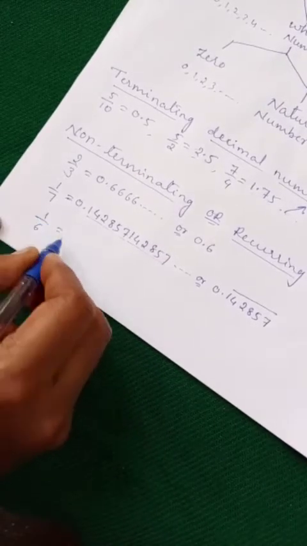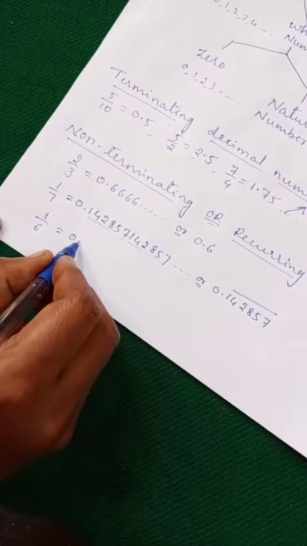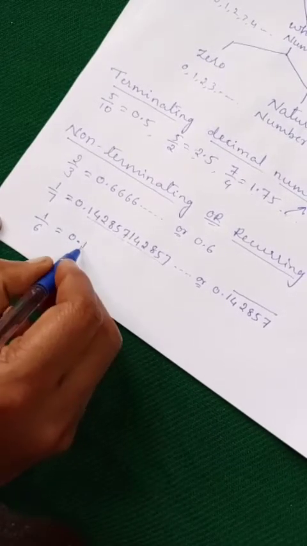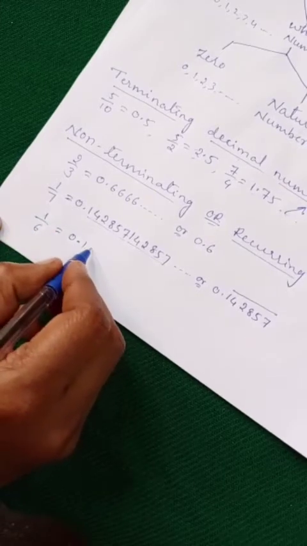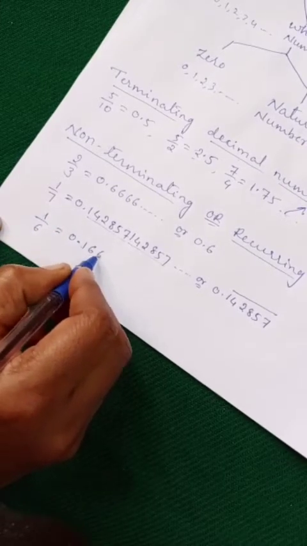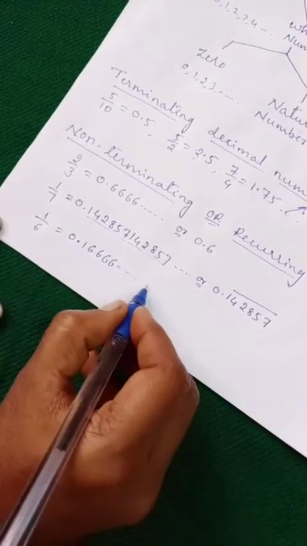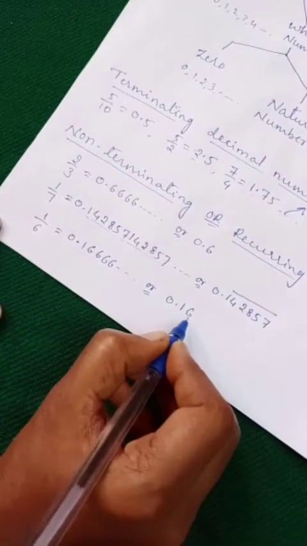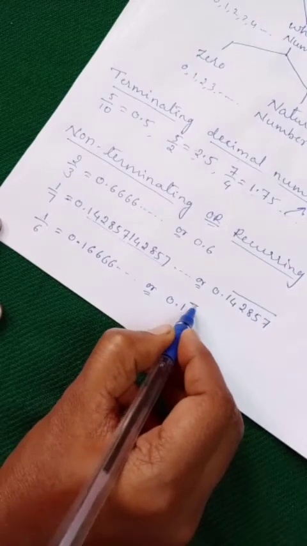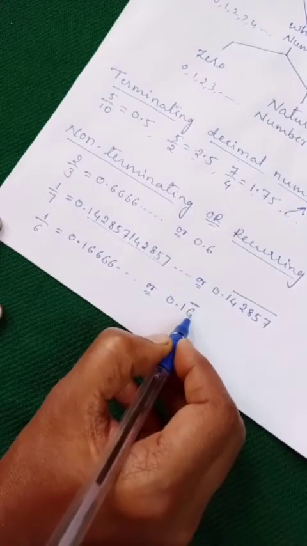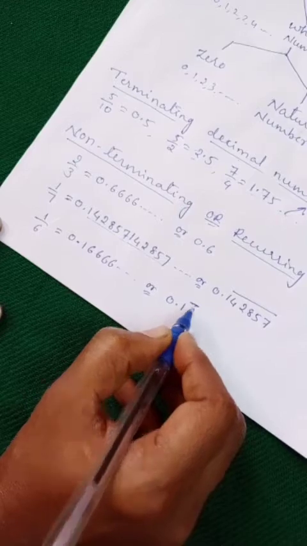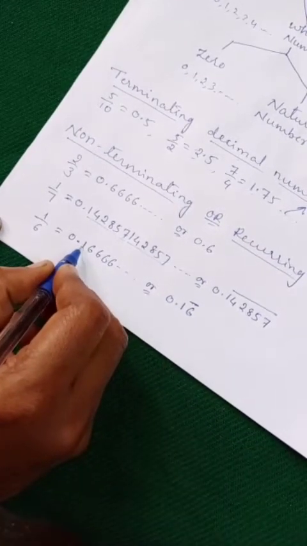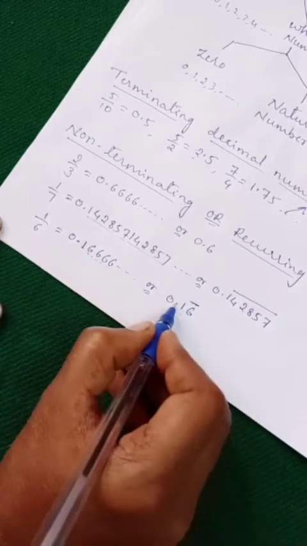Next example, 1 by 6. If you divide 1 by 6, what do you get? 0.1666 and so on, or you can write it as 0.16 with the bar only on the 6, because 1 occurs only one time, but 6 occurs many times.